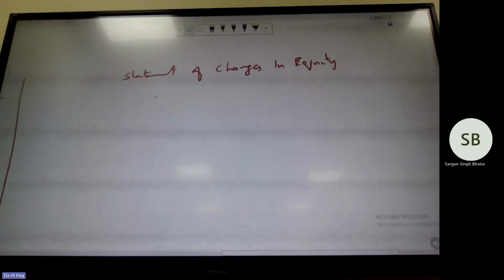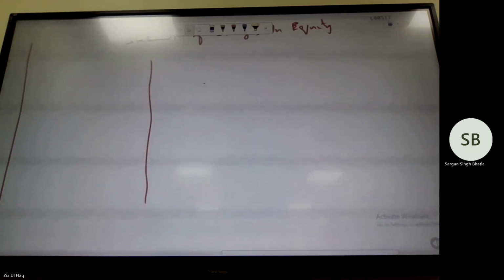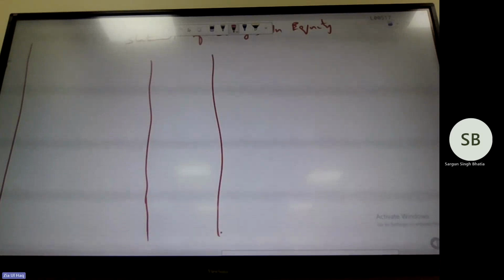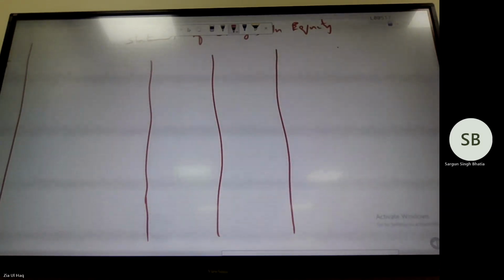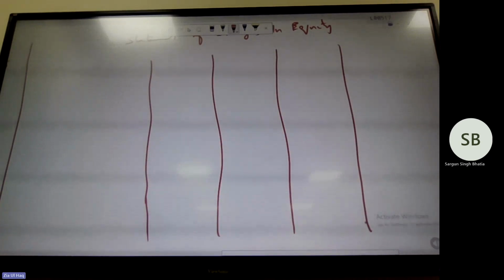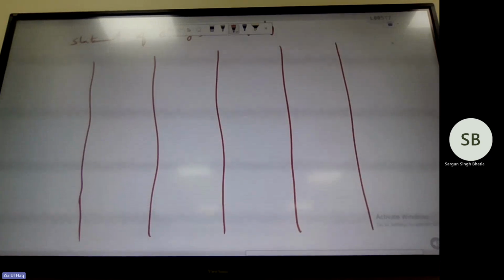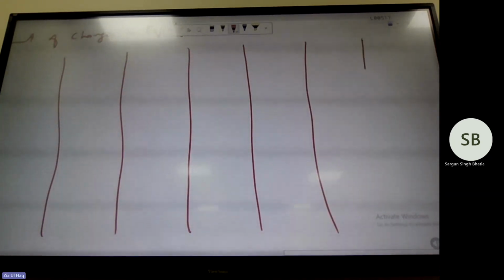So here we can prepare columns. This is relating to share capital, irredeemable preference shares, share premium, revaluation surplus, retained earnings, and total.